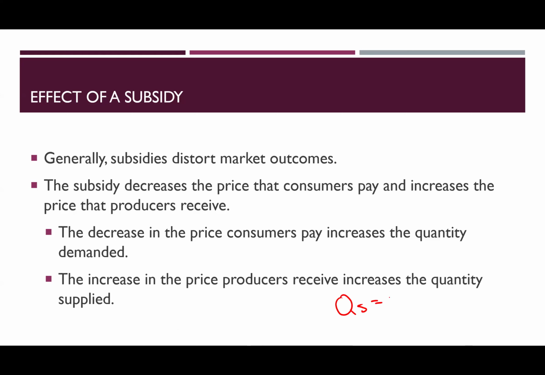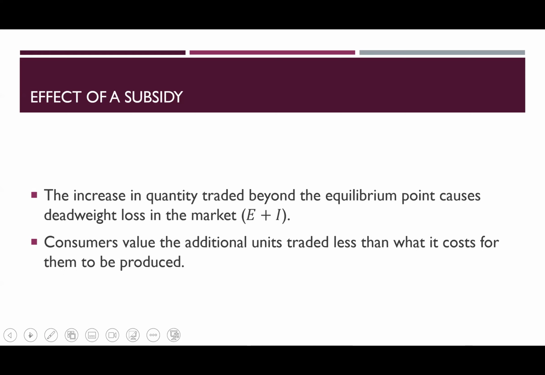So those values remain equal in this market, but just now at a higher level, which is what gets us the deadweight loss. Right now, the good is being traded beyond equilibrium. Units that are valued less than what it costs to make them are being produced, and so we have deadweight loss.